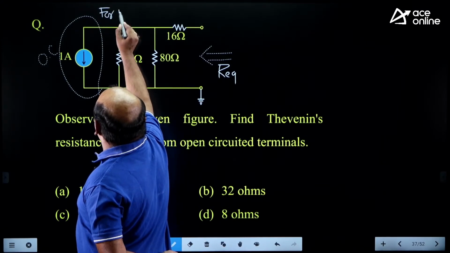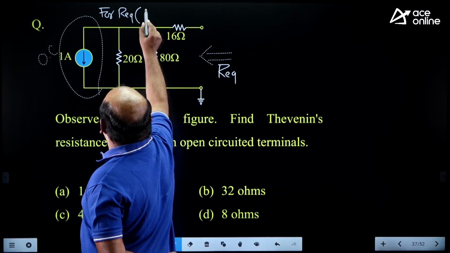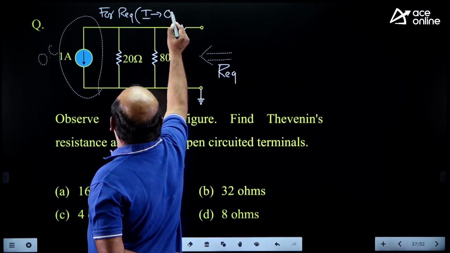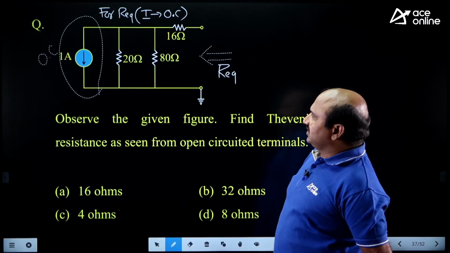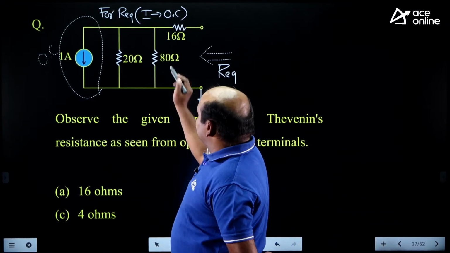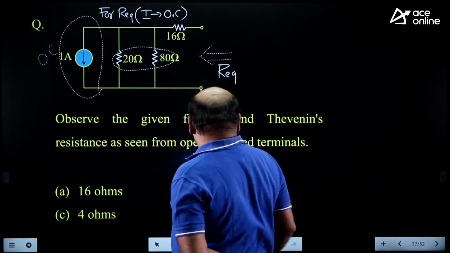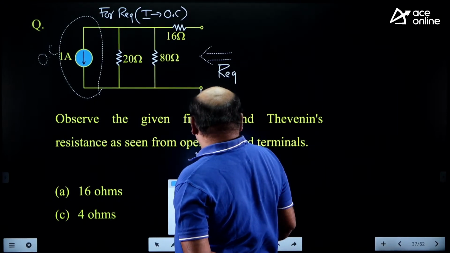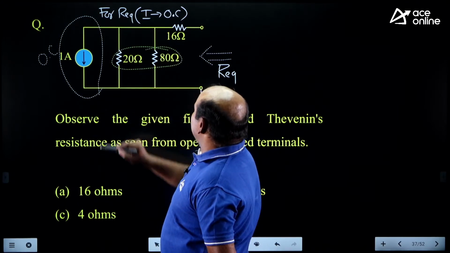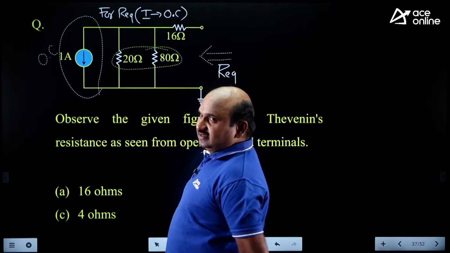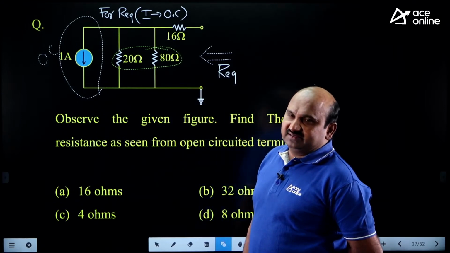For R equivalent, take the current source as open circuit. Yes or no? Now in that instant, these two are in parallel. Can you tell me? These two are in parallel, 20 and 60, 80 by 16 you are getting.